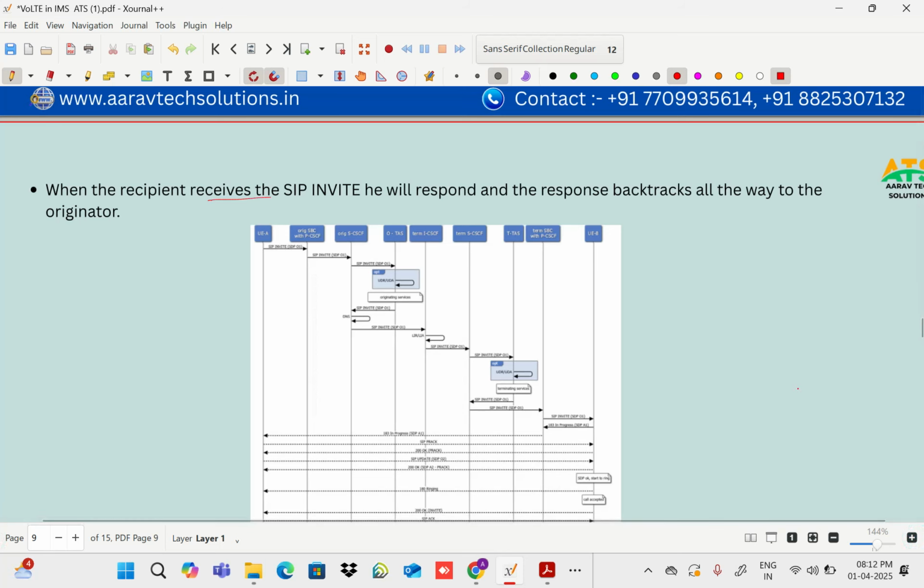When the recipient receives the SIP INVITE, he will respond, and the response backtracks all the way to the originator. Here user A, here user B, originator SBC with P-CSCF, originator S-CSCF, TAS, I-CSCF, S-CSCF, terminating TAS, terminating site S-CSCF or P-CSCF. So this is the complete call flow.